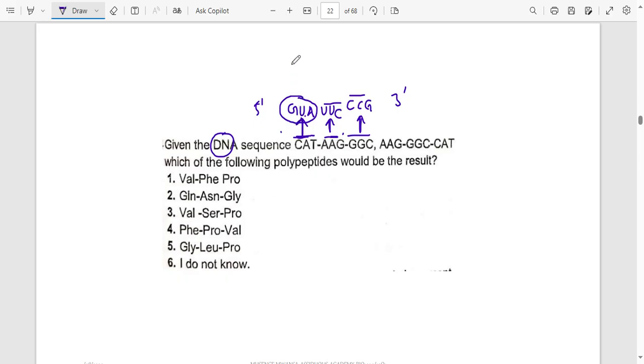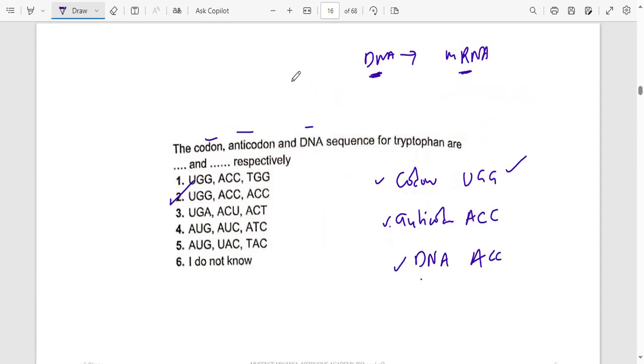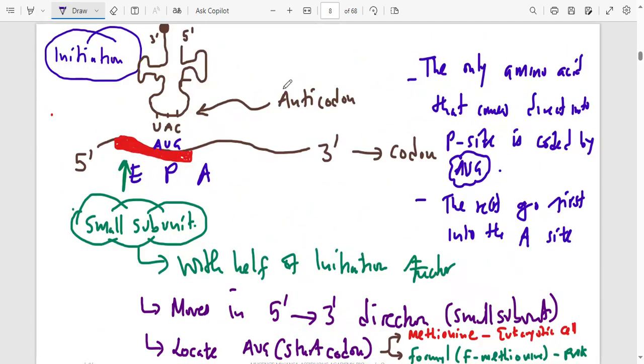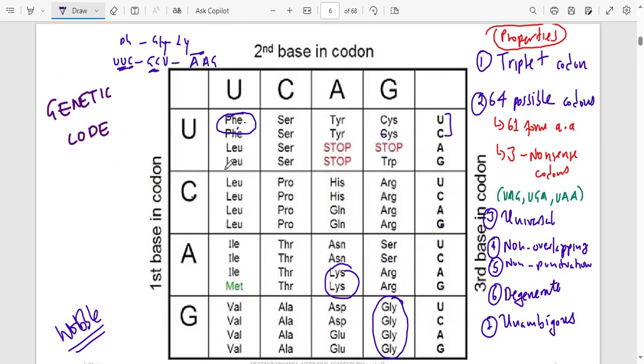Are you going to remember these letters? GUA, UUC, C. So GUA, that's what? Valine.